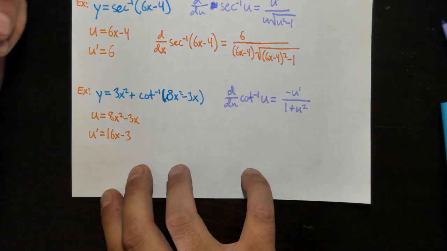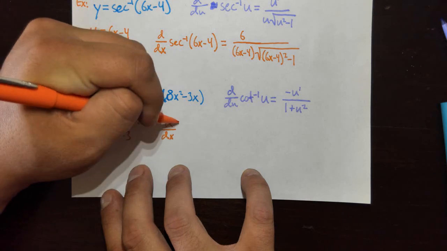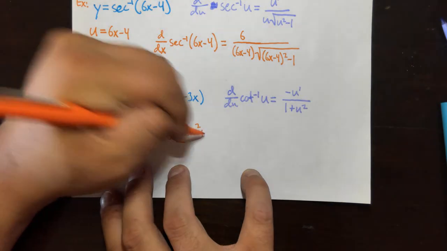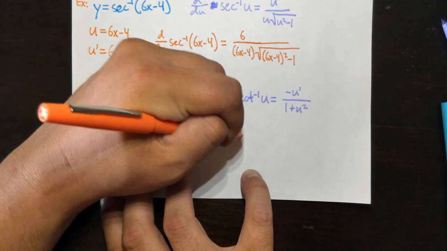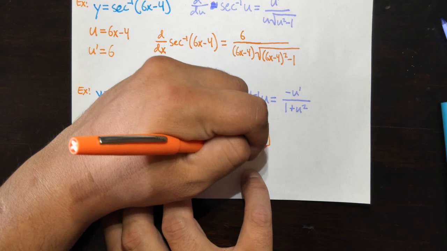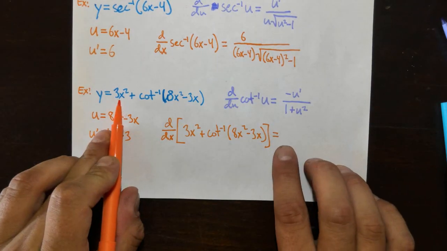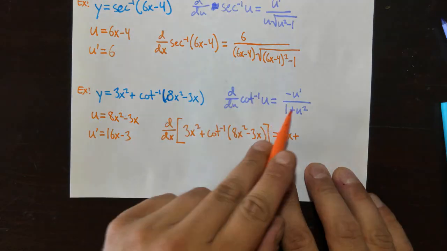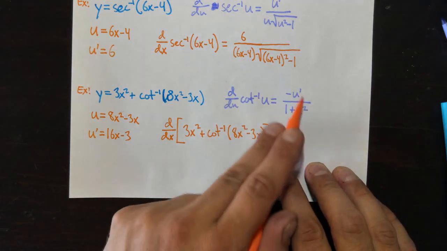We can say that d dx of 3x squared plus arc cotangent of 8x squared minus 3x equals, we could just do this part like the power rule, so this is going to be 6x, and then plus our cotangent. Now we'll need to use this rule because this is just concerning the arc cotangent.